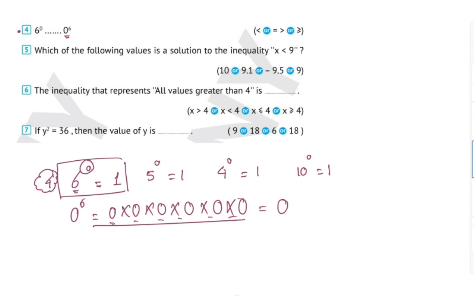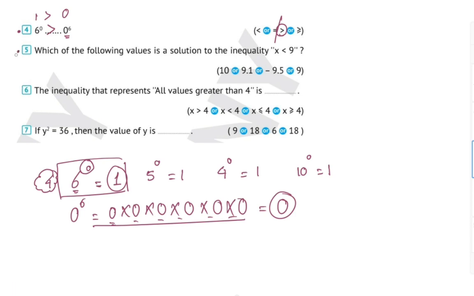But 6 to the power 0 equals 1. Now, which one is the greatest, 1 or 0? Of course, 1 is greater than 0. That means greater than is the correct answer. Where is greater than here? Of course, here we have less than, equal, greater than, greater or equal. So choose greater than.